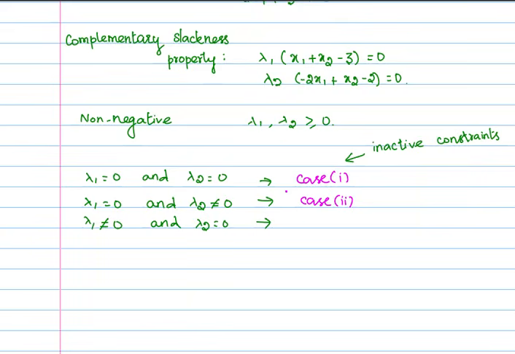This becomes case 3. The fourth, so everything is from our complementary slackness property only, is lambda 1 not equal to 0 and lambda 2 not equal to 0. This we can say is case 4.